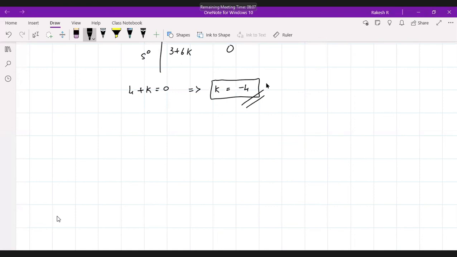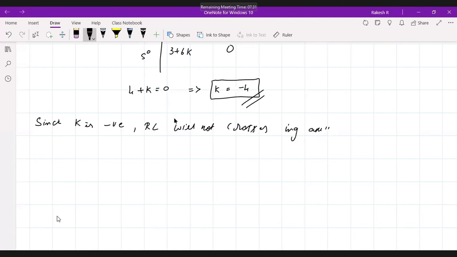When we have the value of k as negative, that means the root locus does not intersect with the imaginary axis, right? This is what you need to consider here. Since the value of k is negative here, the root locus will not cross the imaginary axis.